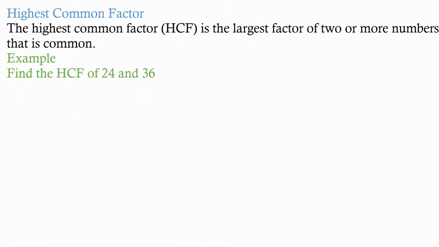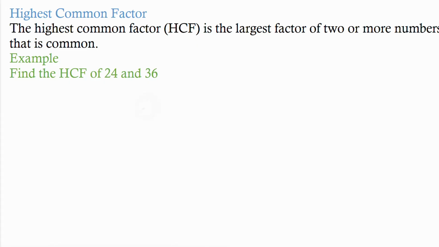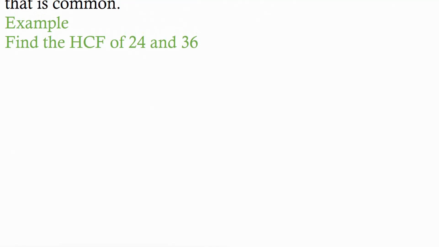So now we're going to look at your highest common factors. So the highest common factor is just the largest factor of two or more numbers. So again, you're comparing numbers and writing all their factors out. So here we're going to find the highest common factor of 24 and 36. So again, we're going to list out all the factors of 24. All right, so 24 and 36.